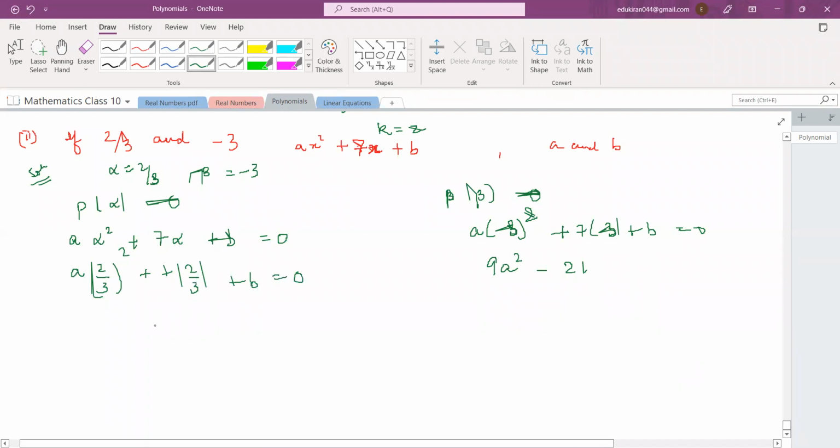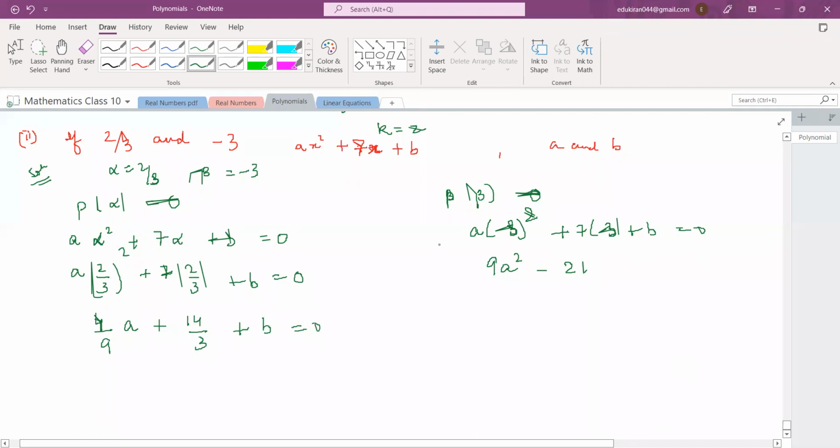I have to reduce it in a and b. So this will be 4 by 9 a, not square, because the alpha is squared. Then 7 into 2 by 3 will be 14 by 3, plus b. This will be equal to 0.